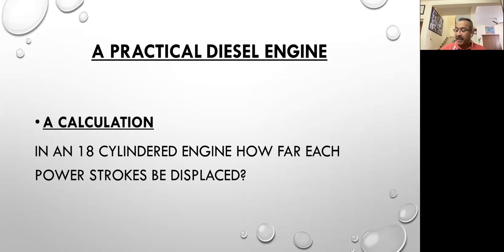So our calculation is very simple: 720 divided by 18, which gives 40 degrees. Power strokes have to be made in such a way that when the crankshaft rotates 40 degrees, one of the cylinders must be delivering a power stroke to the crankshaft.